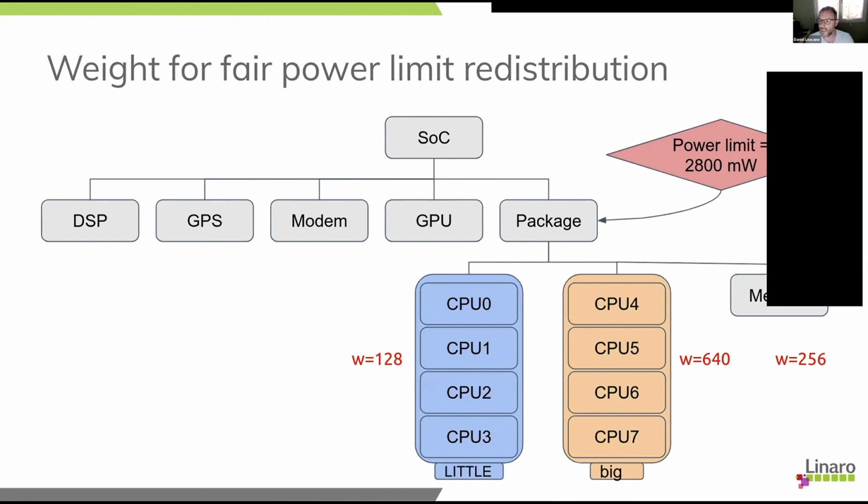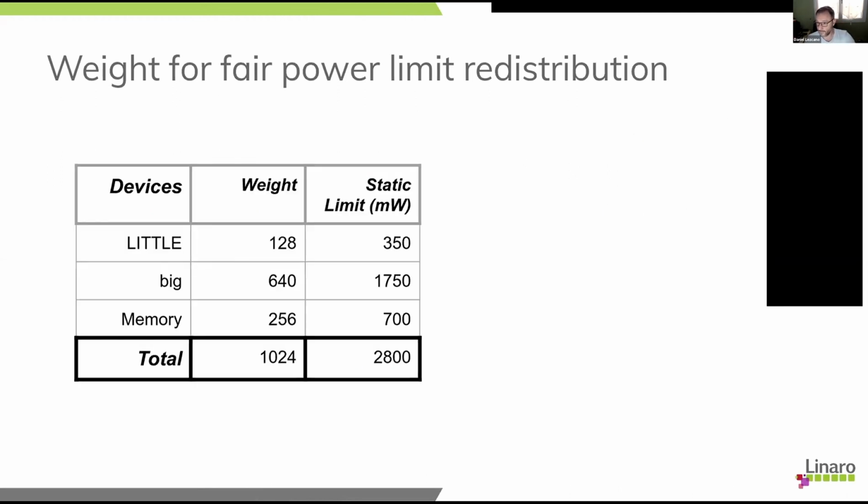And we decide to set a power limit, for example, to 2,800 milliwatts. With the weight, we distribute this power to the different children on the tree. And we have a static limit in milliwatts for those devices.